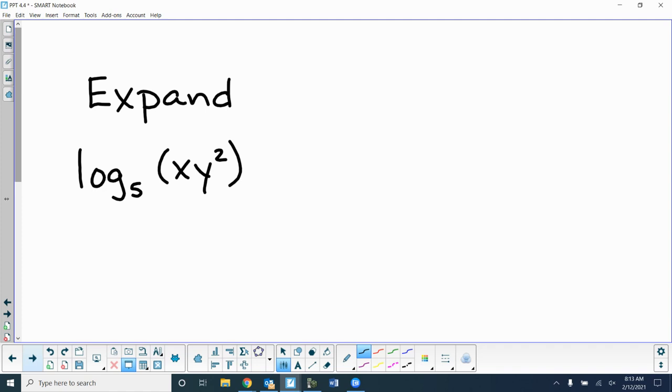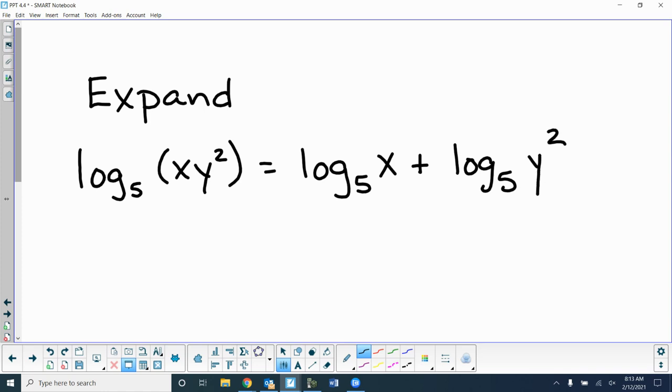All right, so expanding. This is multiplication, so what could I do to make it into 2 logs? Do addition, right? So I can say log base 5 of x plus log base 5 of y squared. Now, when you expand, they don't want any exponents on our variables.